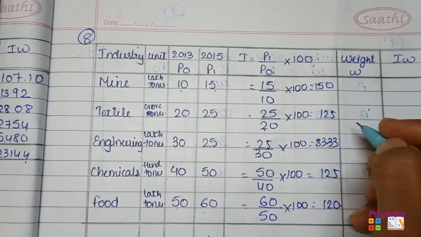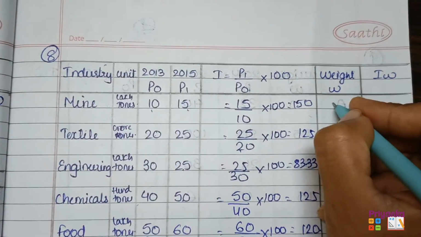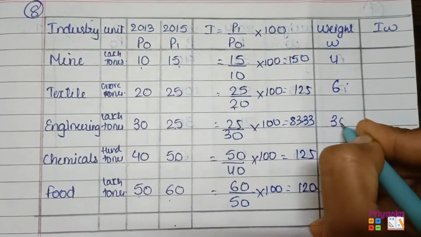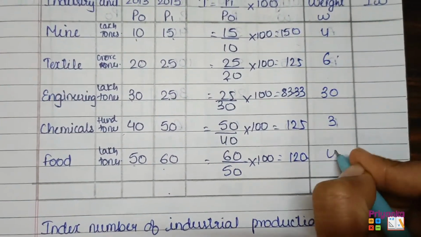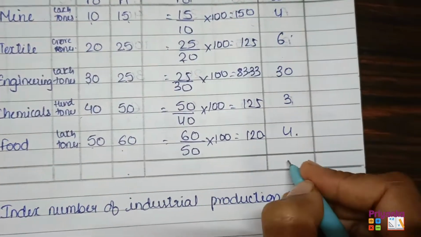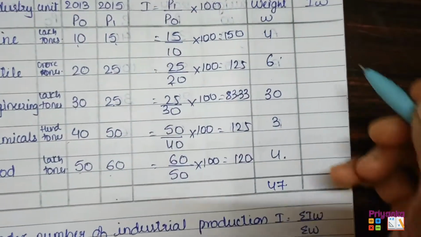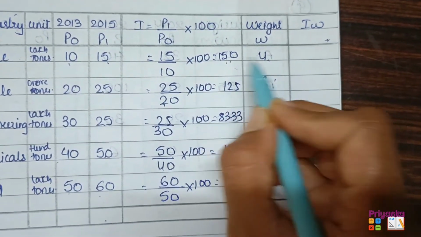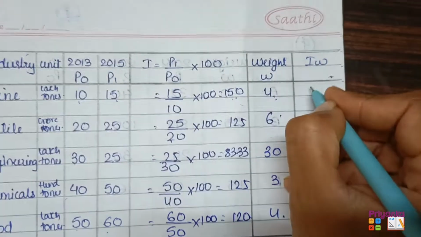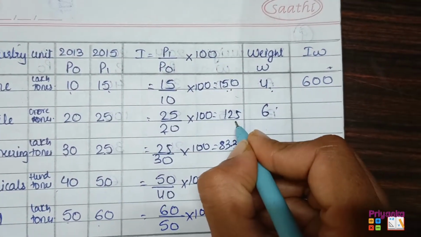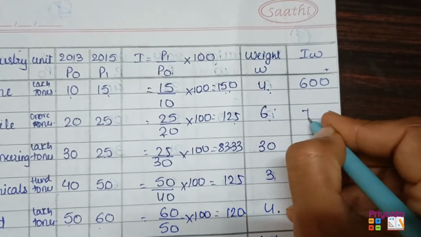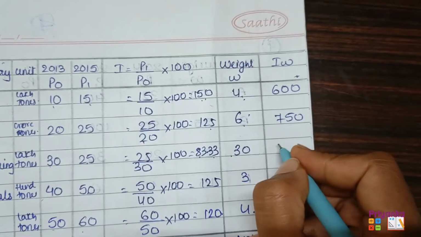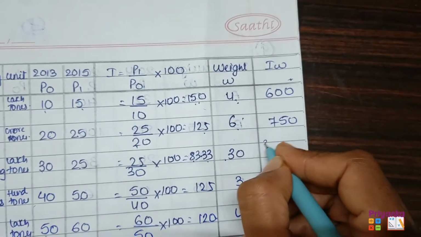The weight which is given in the question, I'm just going to write down the same, that is 4, 6, 30, 3 and 4, and the total of this is 47. Next, for the IW, we'll multiply the I column with W, that is 150 multiplied by 4, here we get 600. 125 multiplied by 6, that is 750. 83.33 multiplied by 30, here we get 2499.9 in your calculator.